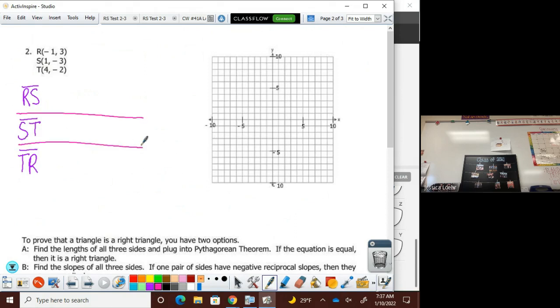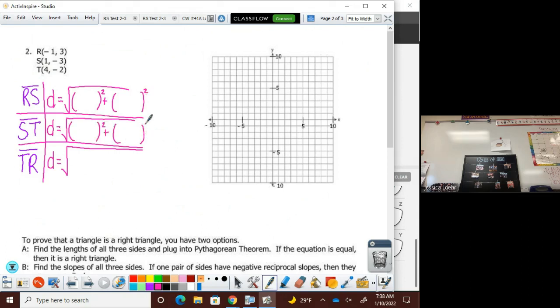And we're going to find the distances. Okay, so R is -1, 3.